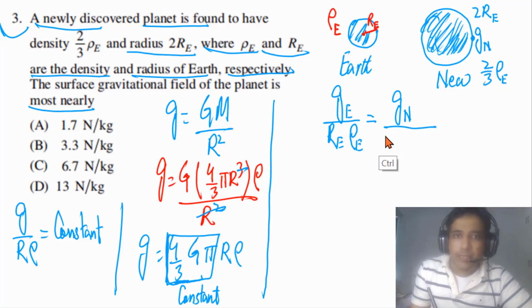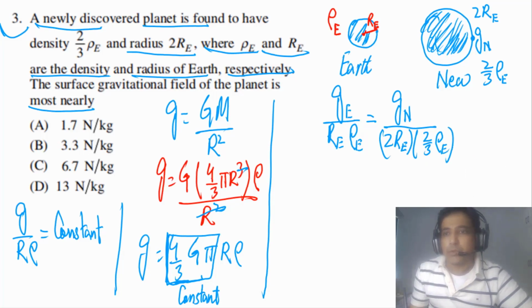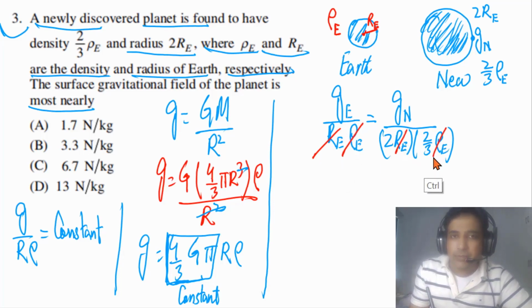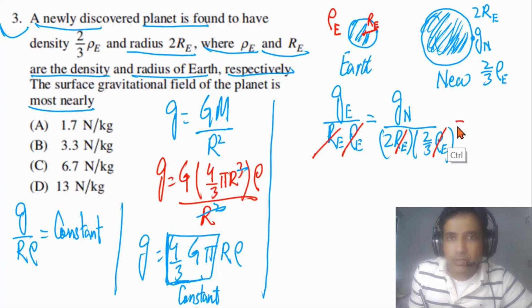So we can plug in: 2 R_e and 2/3 ρ_e. Now we can cancel R_e with R_e, and ρ_e with ρ_e. We have to find the value of g_n.